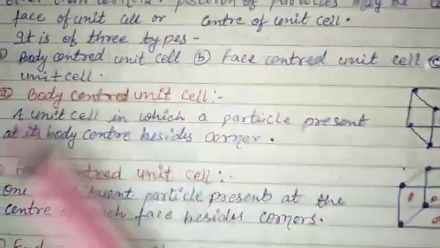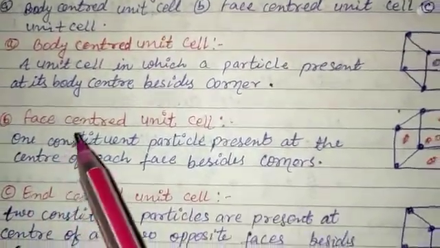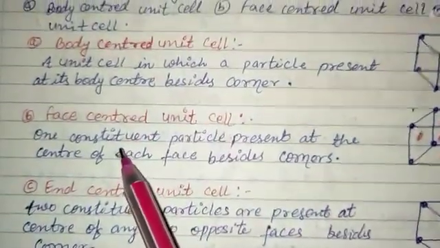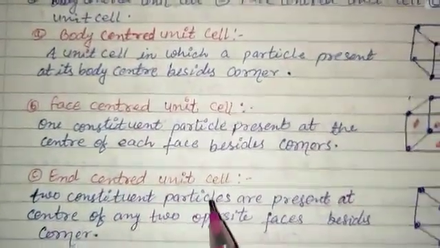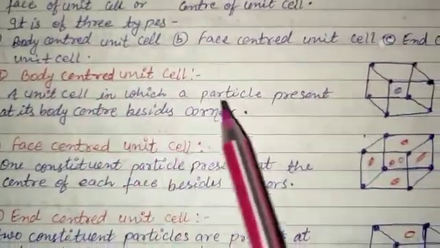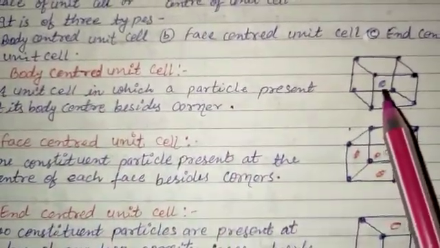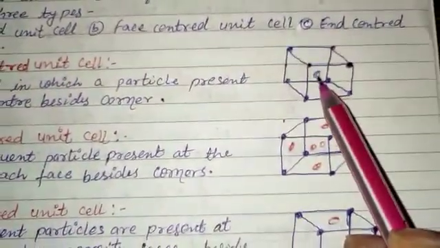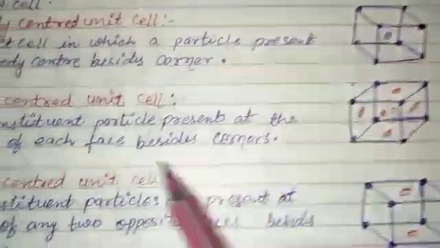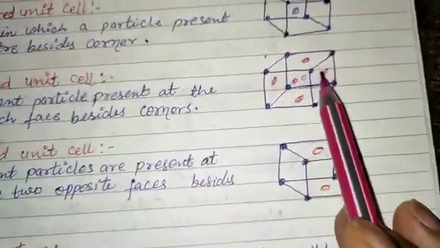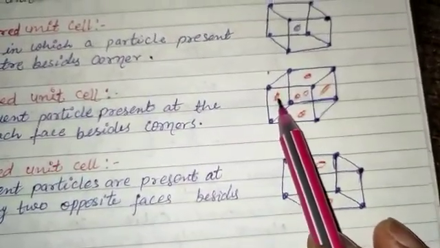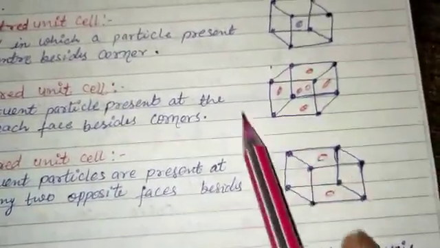This centered unit cell is of three types: body centered unit cell, face centered unit cell, and end centered unit cell. In a body centered unit cell, one particle is present at the center of the unit cell besides the corners. In a face centered unit cell, each face contains one particle at its center, besides the corners.